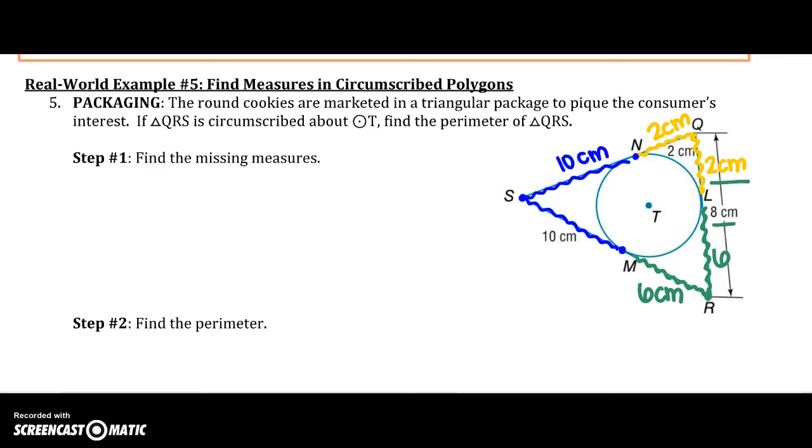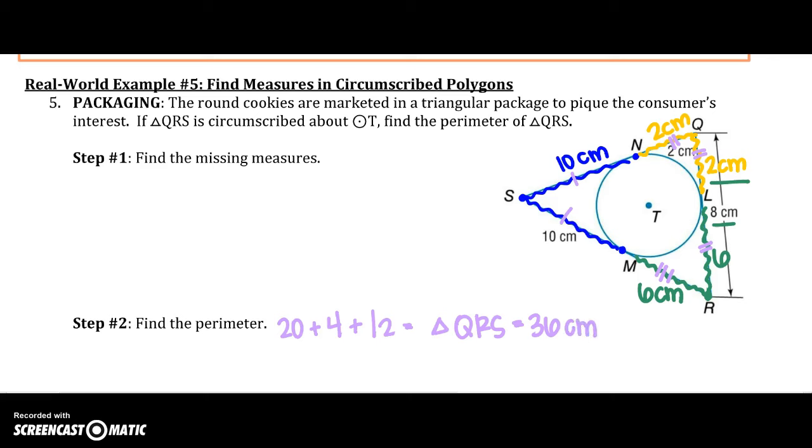So to find the perimeter, I'm going to have 10 plus 10, which is 20, plus 2 plus 2, which is 4, plus 6 plus 6, which is 12. So the perimeter of my triangle QRS is going to equal 36 centimeters.